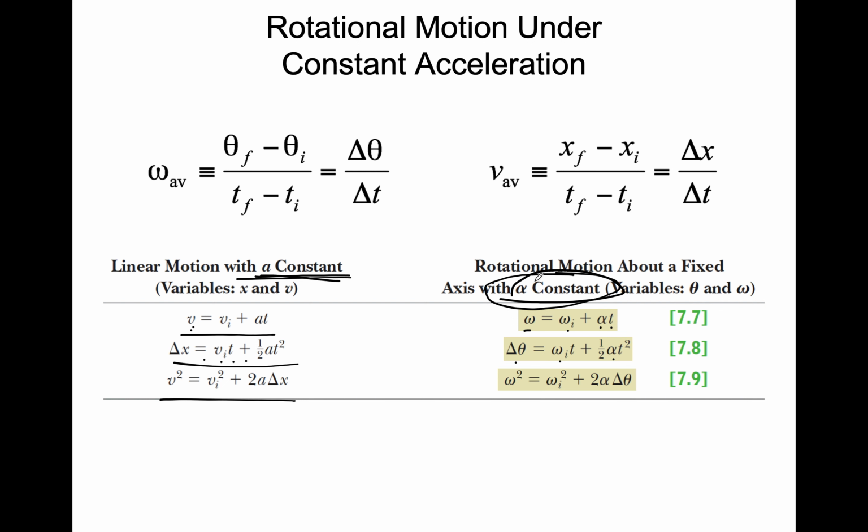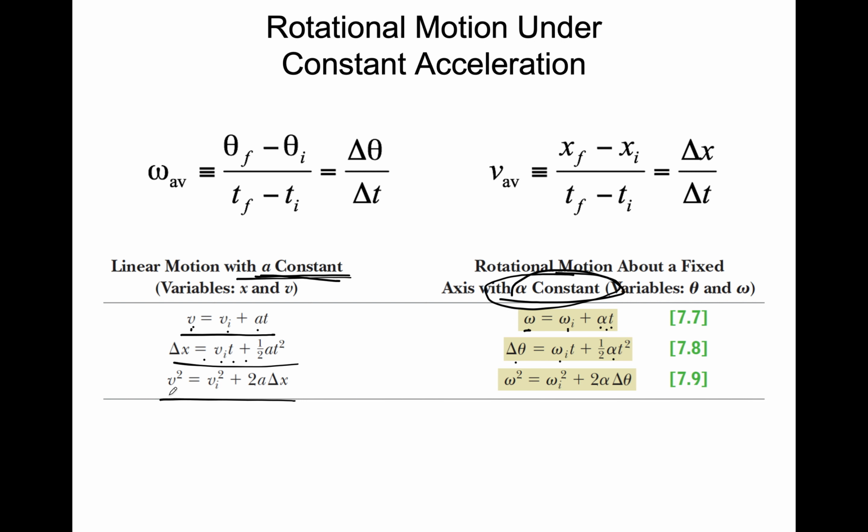So basically, we just need to do a mapping from final velocity to final angular velocity, initial velocity to initial angular velocity, acceleration to angular acceleration, t to t, and displacement to angular displacement. We have exactly the same mathematical form of the three equations.